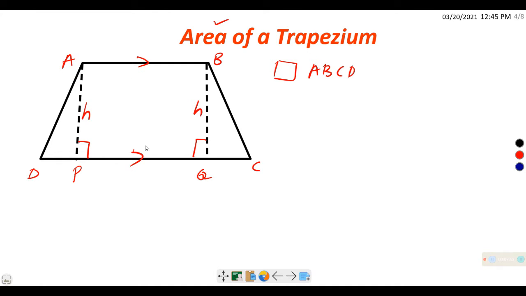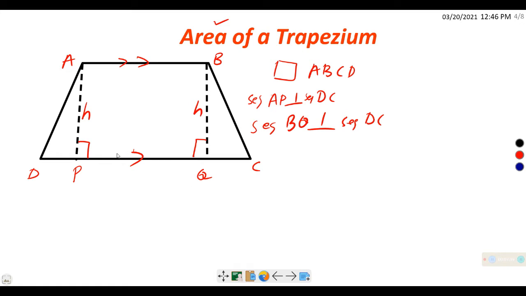Another interesting thing, after drawing these two heights over here, something comes over. I just drew AP perpendicular to DC, I mean the segment. Also I have drawn segment BQ, which is this one, perpendicular again to DC. This is the construction done, and something else happened over here.